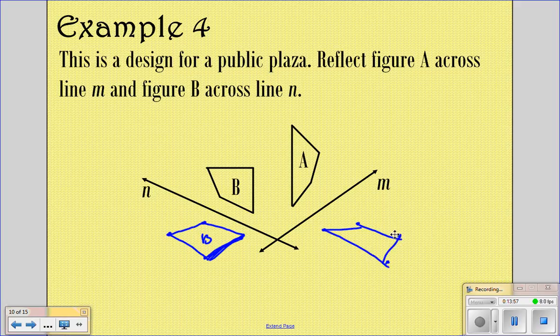I'm having a really hard time for some reason drawing a straight line on my slate today. And so that would be your A. So hopefully your figures look slightly better than that on your paper, but that would be the concept that you do. You just move one vertex at a time, and then you connect them and you make your figure.